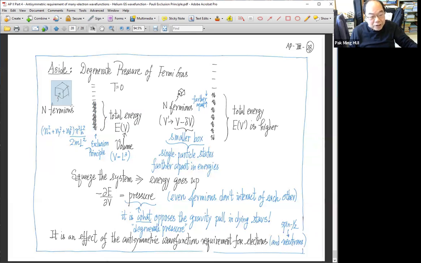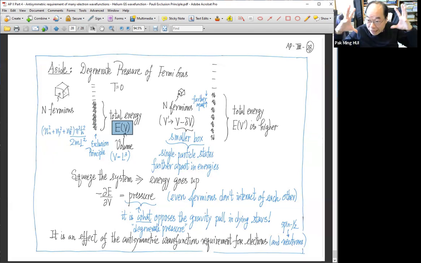So consider a cube. This is our cubical star. We have n electrons in it. They are non-interacting because that's the only problem we know how to solve, a particle in a three-dimensional box. So you fill in all these electrons, you get a total energy that I call energy as a function of the volume of the box.